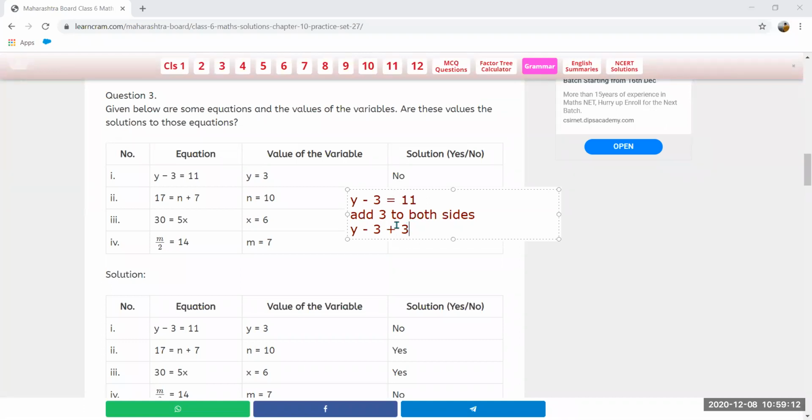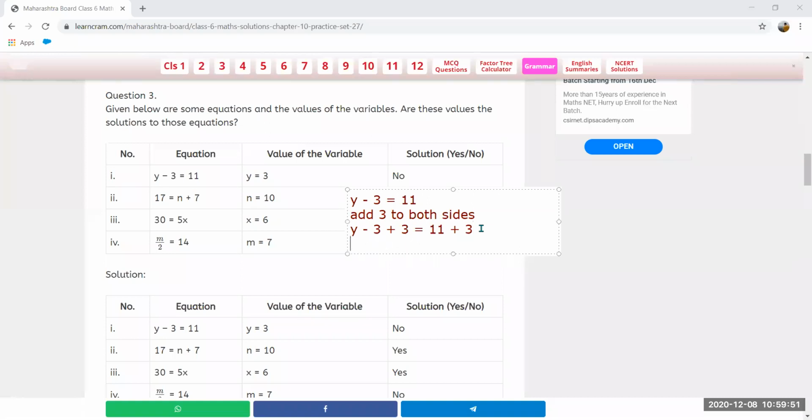Means we have added this 3 to the left hand side, as well as to the right hand side. So y minus 3 plus 3 is equal to 11 plus 3 would be the second step.